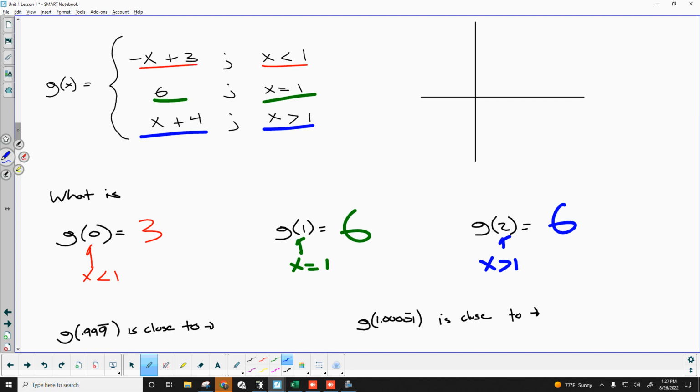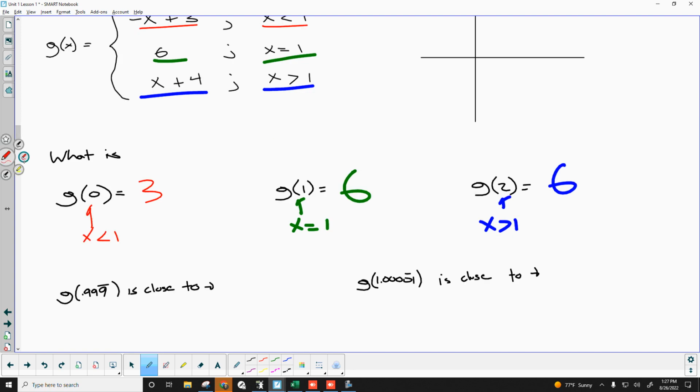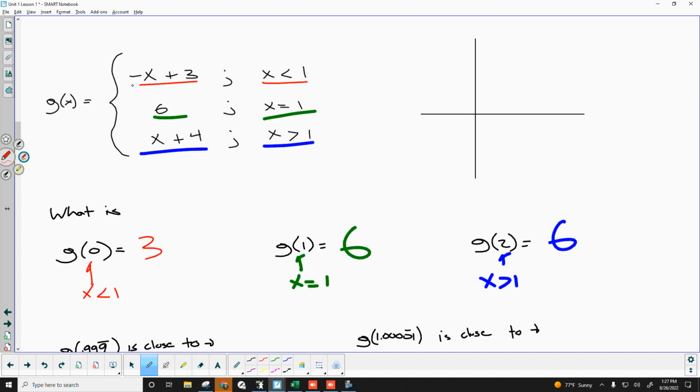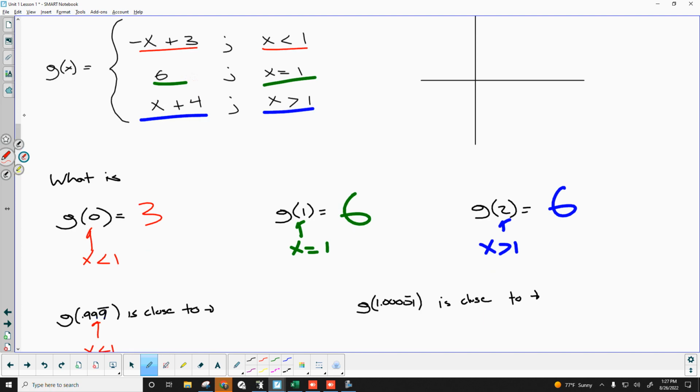Let's think about a number next to 1, like 0.9999. Well, that is less than 1, which means I'm using the top. I can think about plugging in 0.99999, like my calculator kind of showed me. That's pretty much just 1.